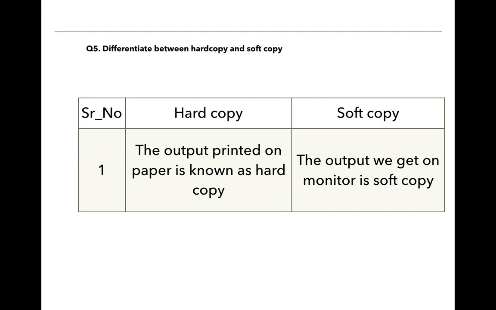But the printed copies, with time, get dirty, the papers are torn. So compared to hard copy, soft copy is much safer and saved for a long period of time in the computer. So this is the end of your exercise.